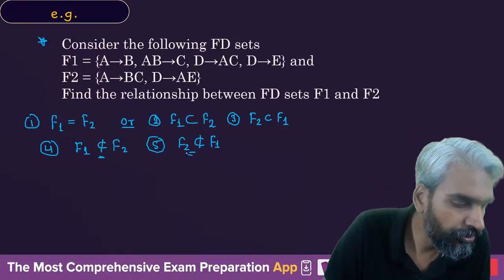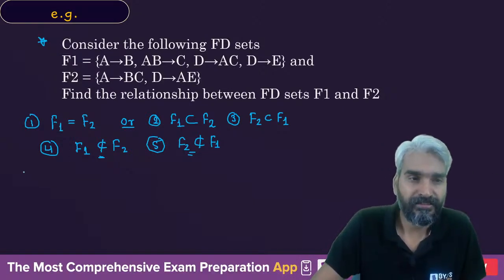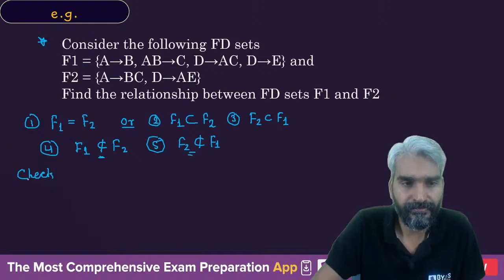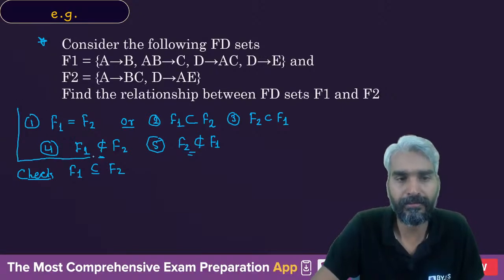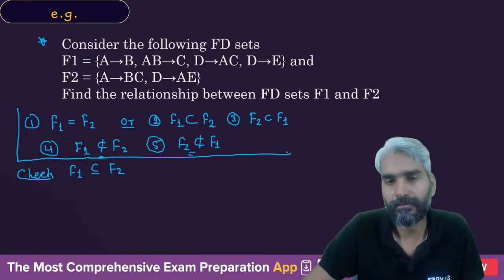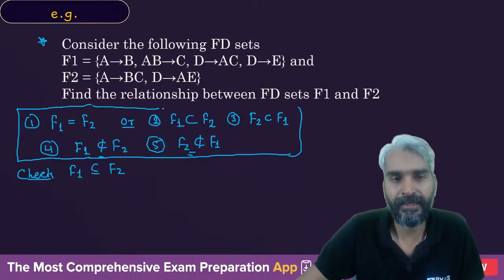Clear? So let's try to understand. Check: F1 is a subset of F2 or not. So these are the possible things which you can answer based on the calculation done.